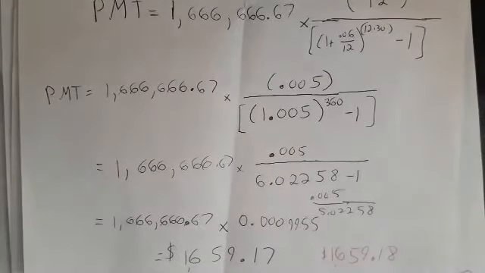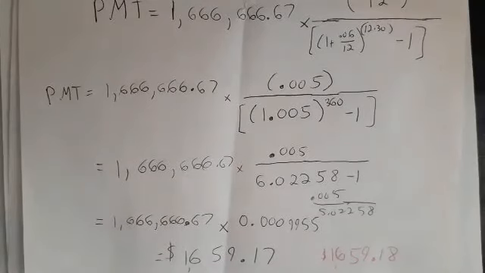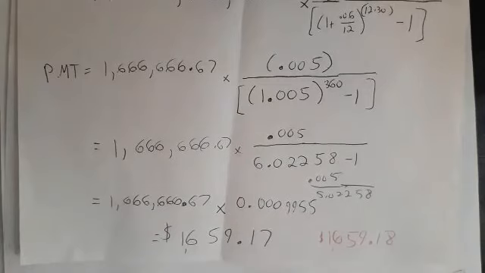If I do that division, I should get a number like 0.0009955. I multiply that by the million, and it gives me 1,659. And so that tells me the payment I need to reach 1.7 million.